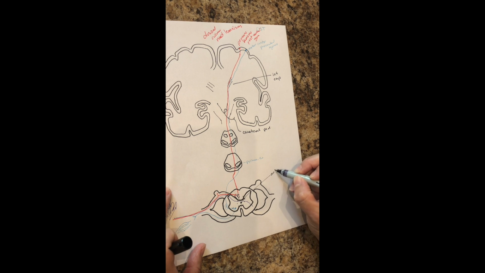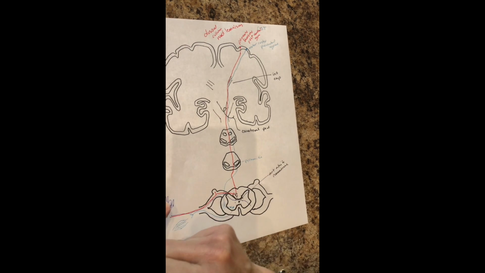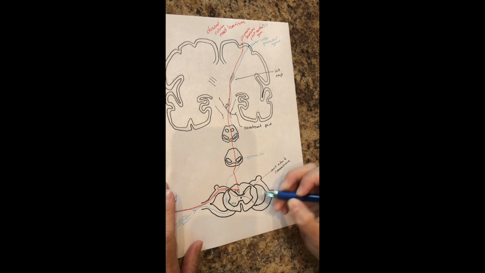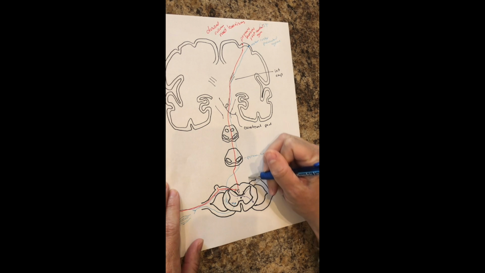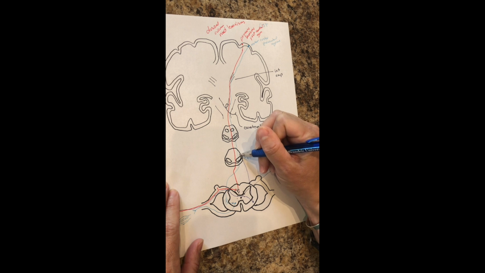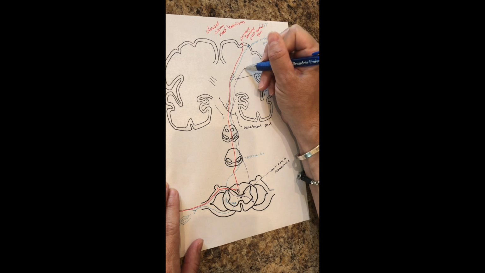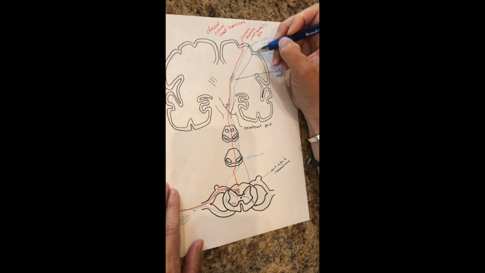This is called the anterior white commissure. And it ascends in this general area, and then it stays kind of lateral here. Same story, it goes to the primary sensory cortex as well.